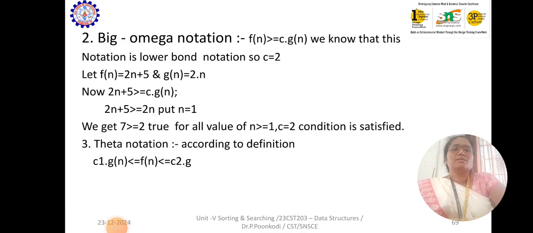Here you can consider f of n greater than or equal to c into g of n. We have already discussed this in the omega notation. It is used to represent the lower bound notation. So, c equal to 2.